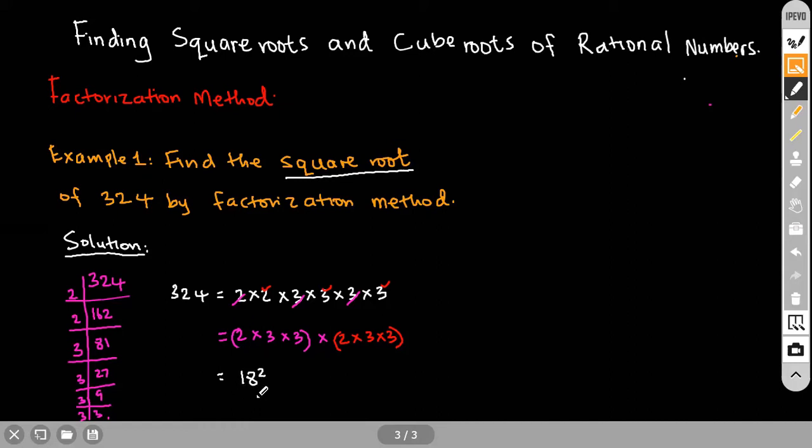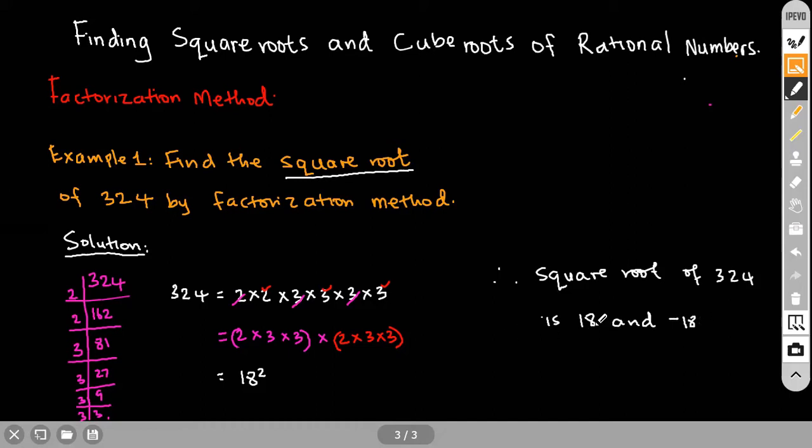In other words, when we multiply 18 by 18, we will get 324. So this means that, therefore, the square root of 324 is the positive square root, which is 18, and the negative square root, which is negative 18.